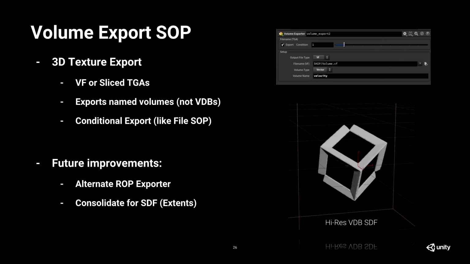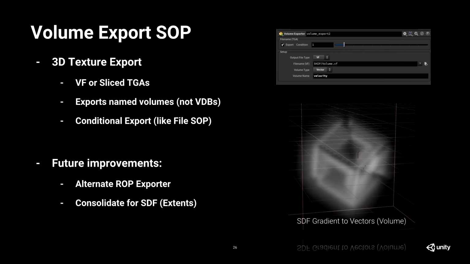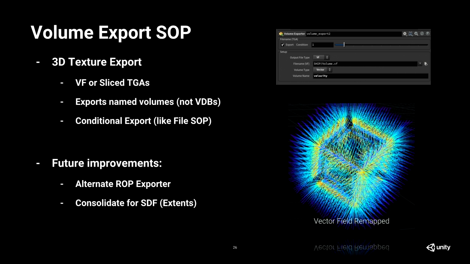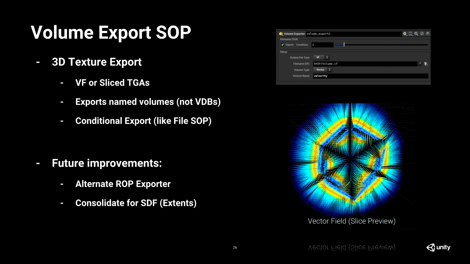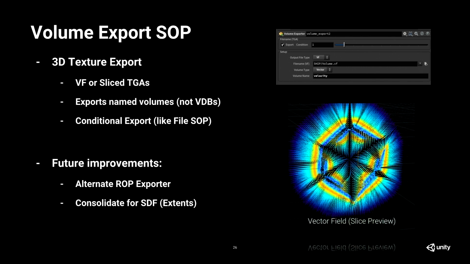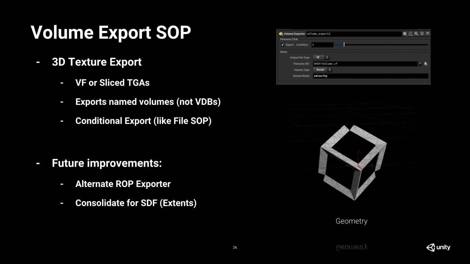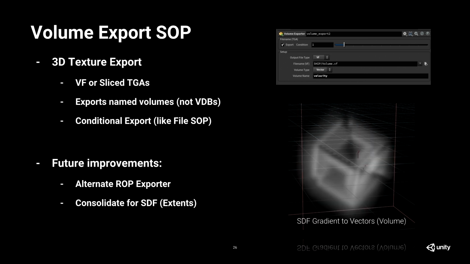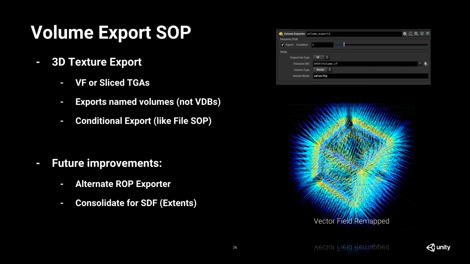So how does it export from Houdini? It's pretty much the same as the point cache exporter. It's a SOP node that uses an export condition and just a reference to the file and the volume name we want to export. It's pretty straightforward.